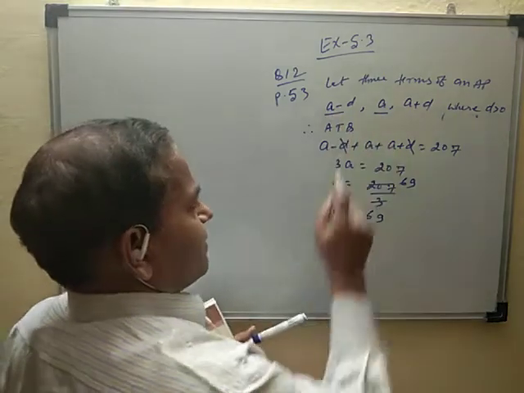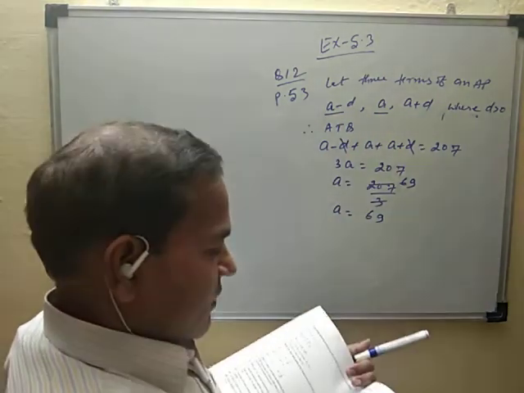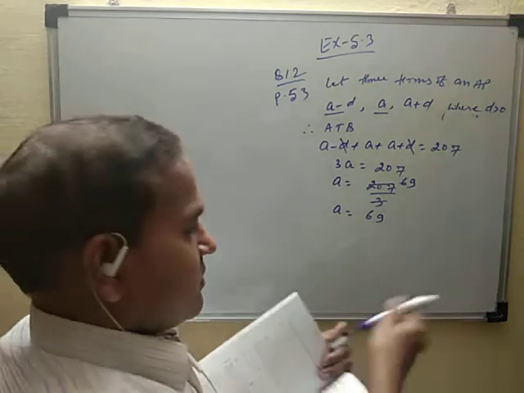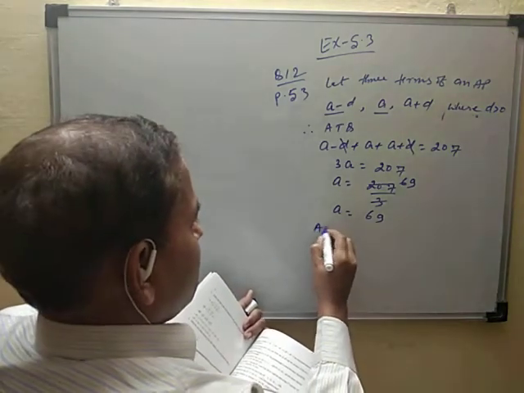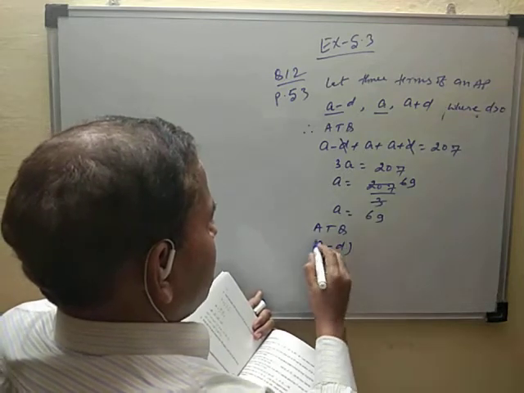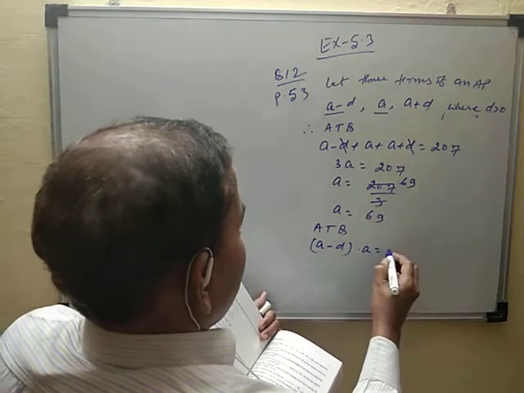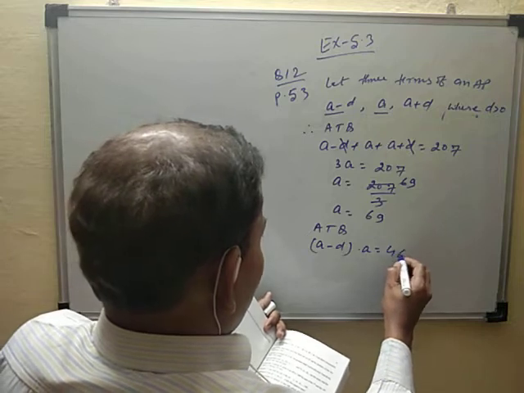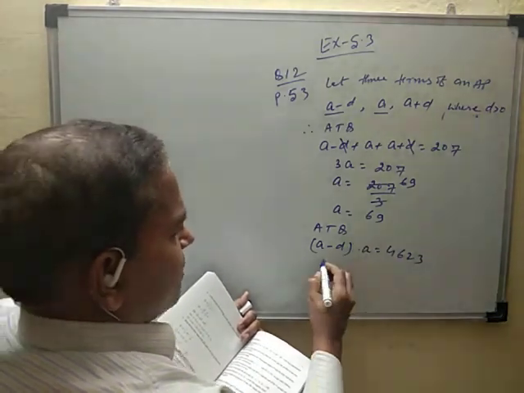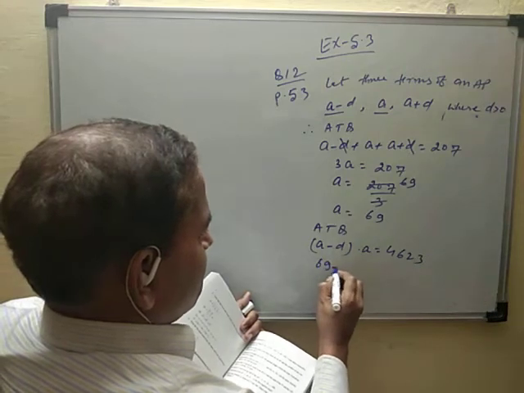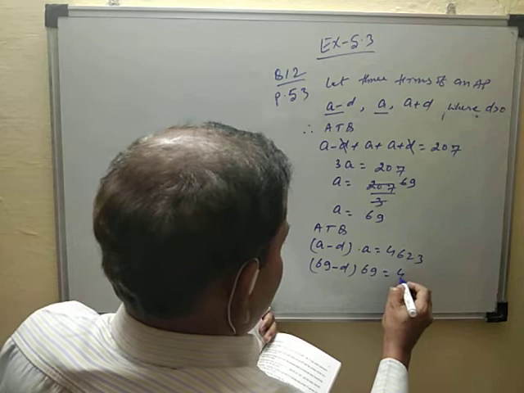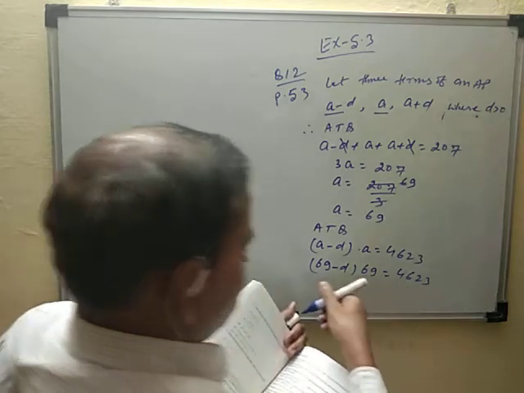A minus D and A. Given that the product of the 2 smaller parts is 4623, again according to the question, A minus D into A is equal to 4623. Now put the value of A: 69 minus D into 69 is equal to 4623.